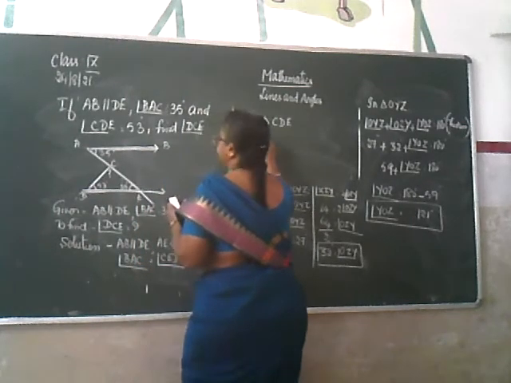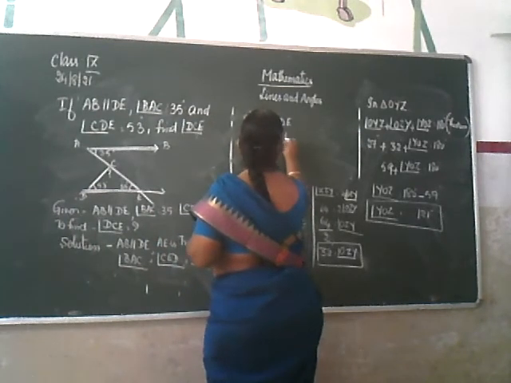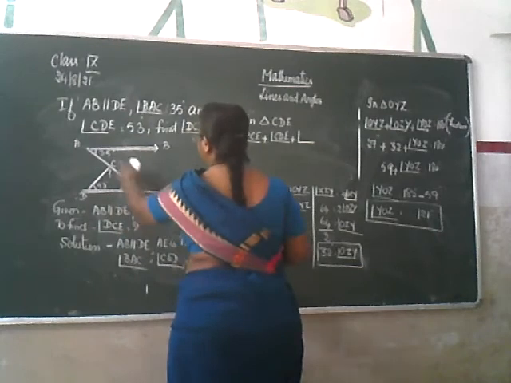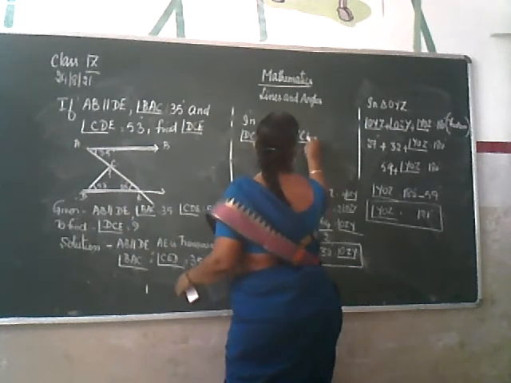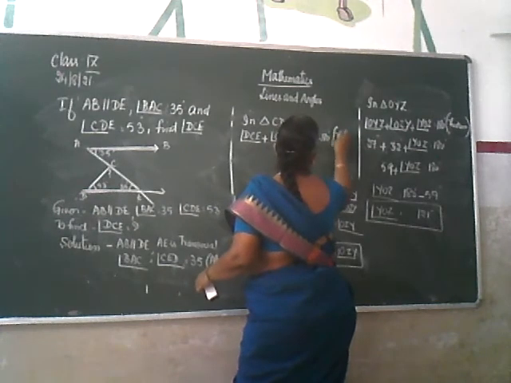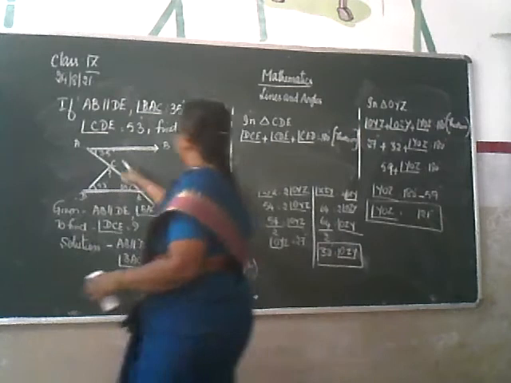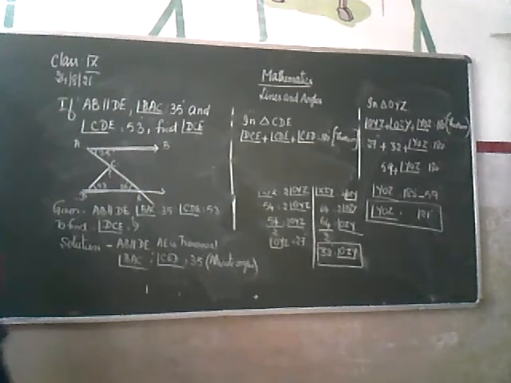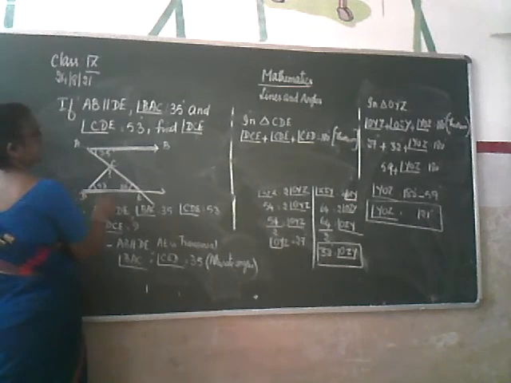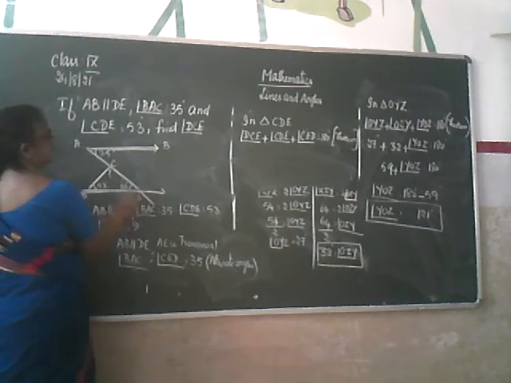So DCE plus CDE plus CED is equal to 180 degrees. Angle sum property of a triangle. That is DCE plus CDE plus CED.